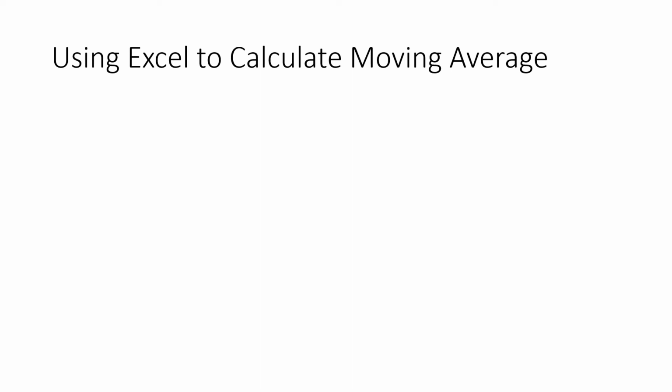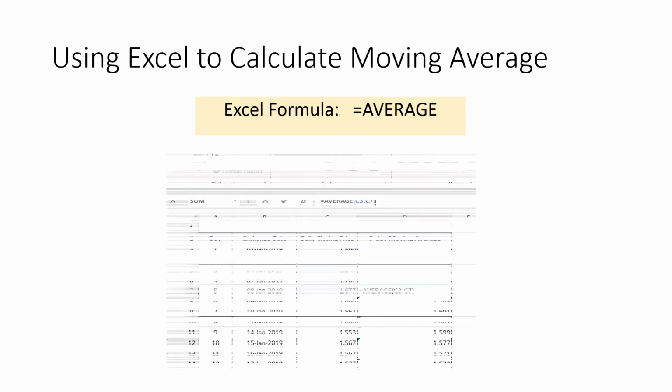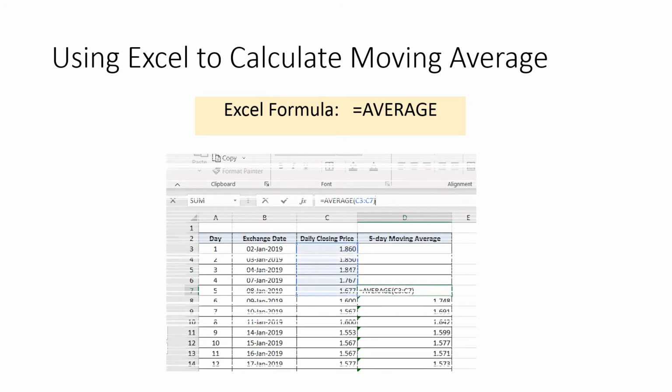You are strongly encouraged to use Excel to compute moving average as it is very convenient. The Excel formula is equal AVERAGE. All you need to do is highlight the relevant input as shown in the slide.